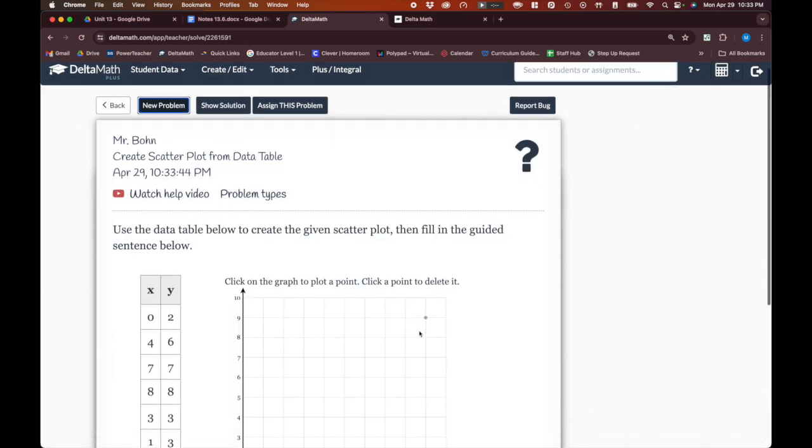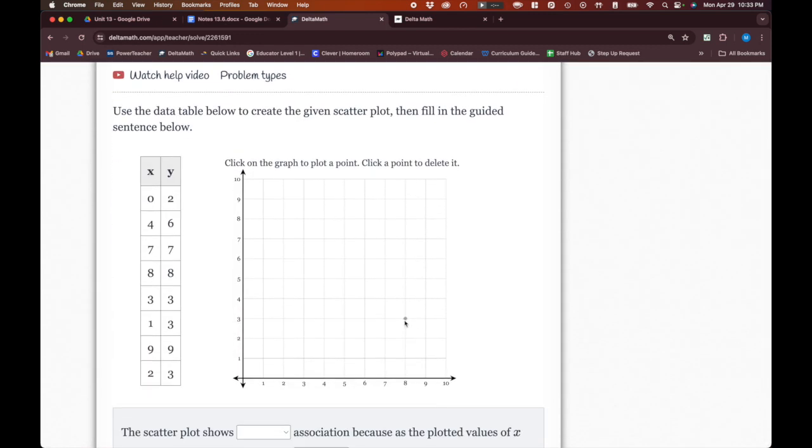I feel like we should do one more of those. So let's see here, new one. This one right here, 0, 2. Let's see here, 4, 6, 7, 7, 8, 8, 3, 3.